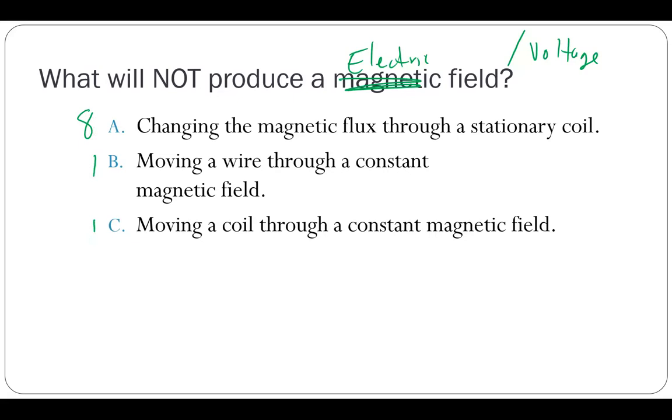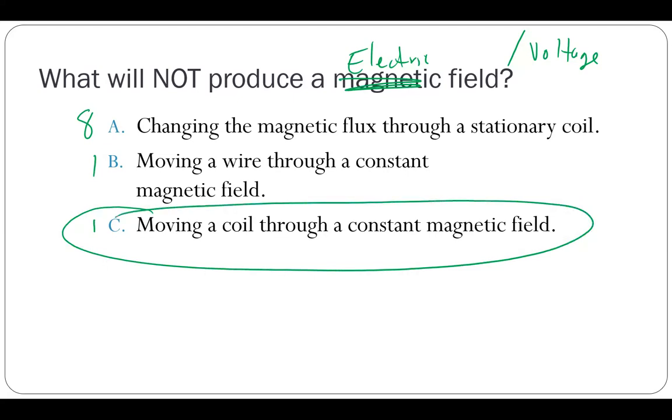811. Well, the preponderance, the large majority, said that a change in magnetic flux through a stationary coil will not produce an electric field or a voltage. Correct answer was this. If the coil is moving in a constant magnetic field, that goes back to the picture we had before where we had a loop, and then we had magnetic field here.